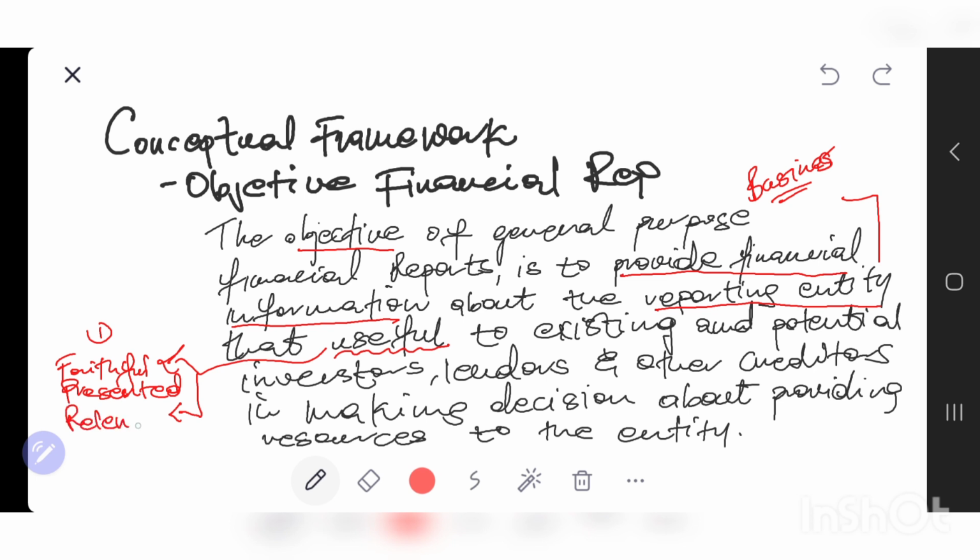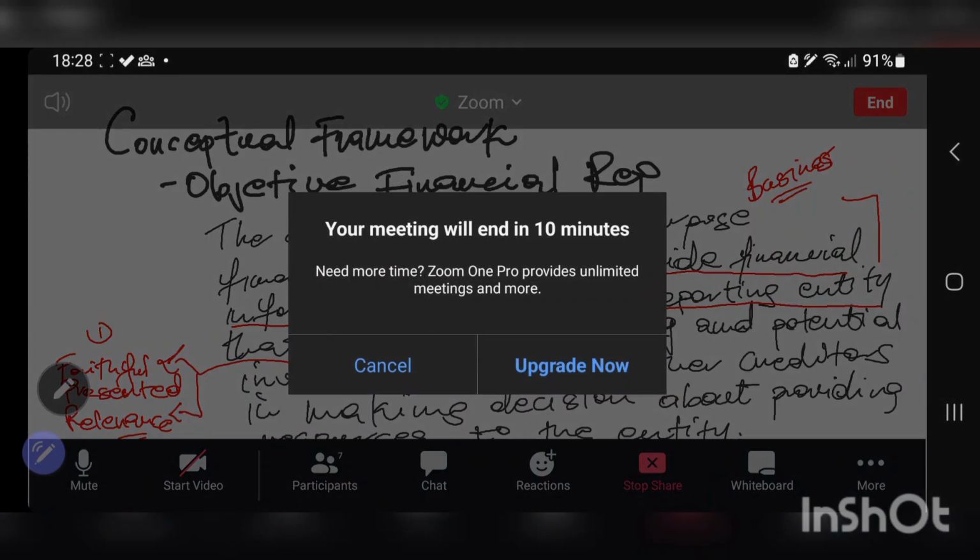So relevance means that all the important information should be there on the financial statements. So who are we providing this information to? That's another question. Who are we providing this useful information to?